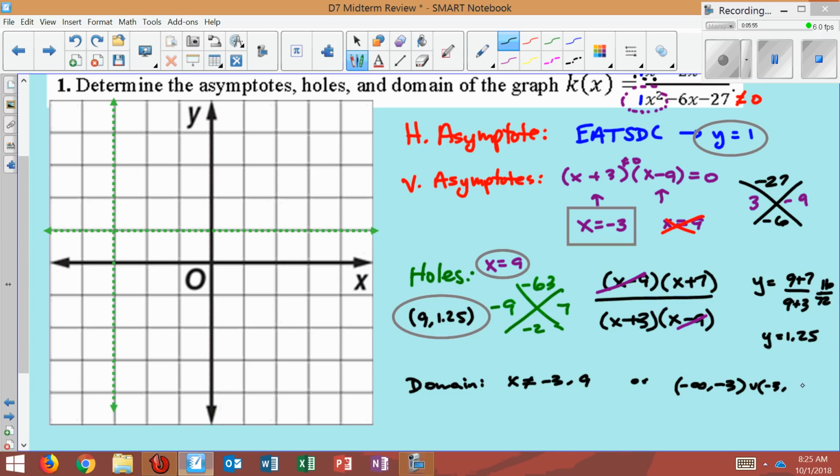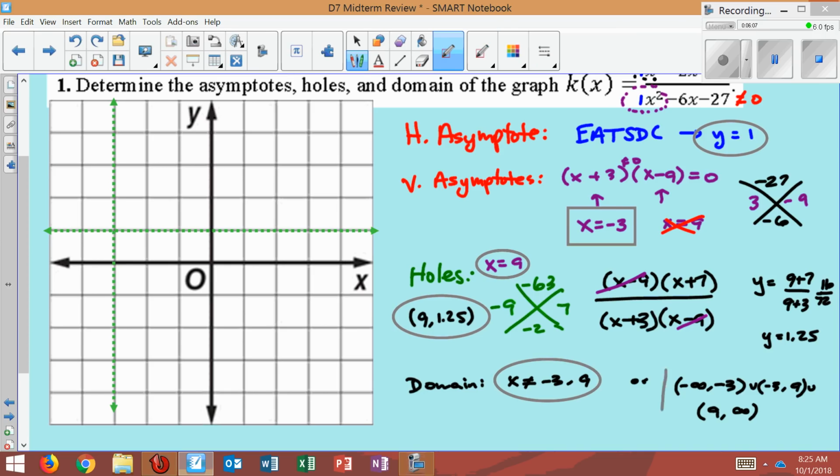From -3, you would go all the way to 9, and you'd have another break, and then you would go from 9 to infinity, like that. This would be my domain. You could write it either of these ways. Sometimes after writing what x cannot equal, they'll do comma, x element of the reals, but that's good enough for me. All right, so let's look at the graph. So we should have an asymptote at -3 and a y asymptote there.